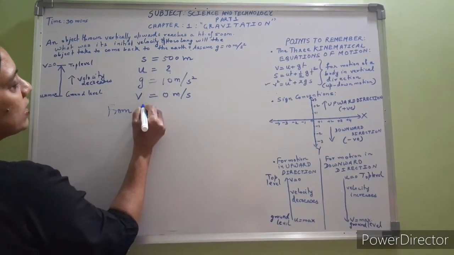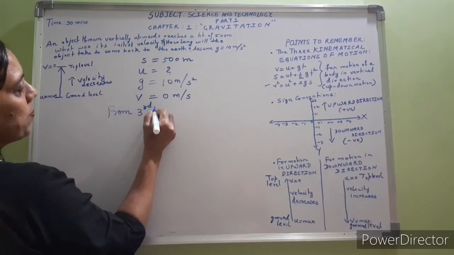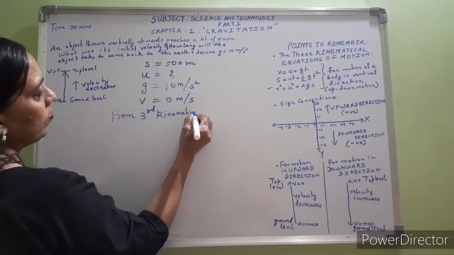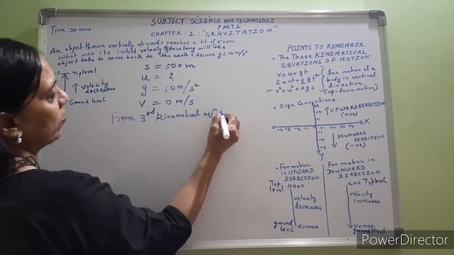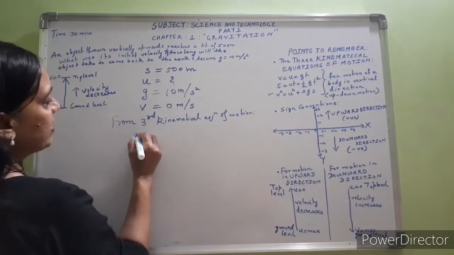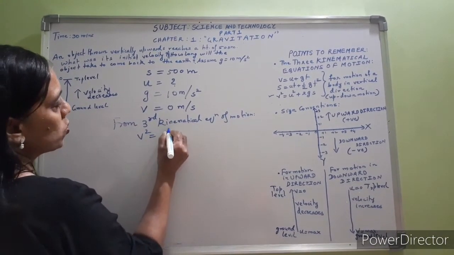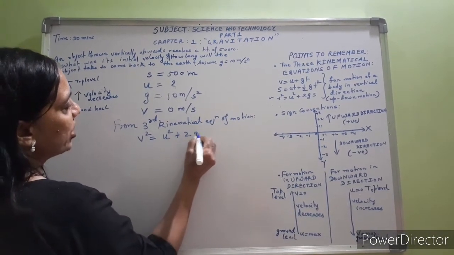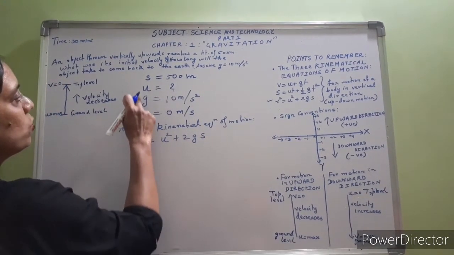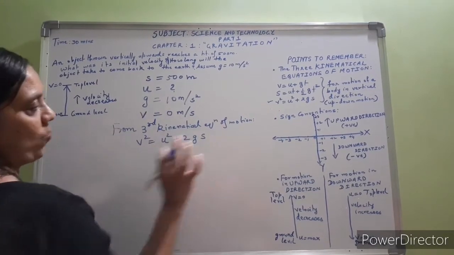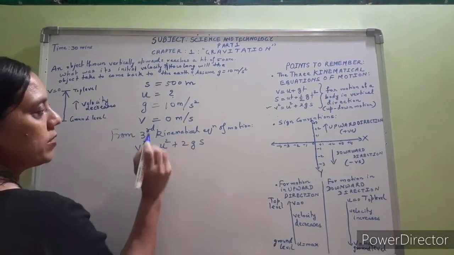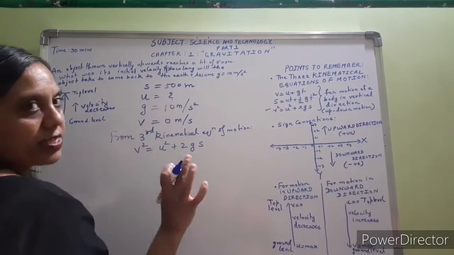So from the third kinematical equation of motion, we get v² = u² + 2gs. v, u, g and s. Here also v, u, g and s. So the third kinematical equation of motion will be the best for solving this problem.